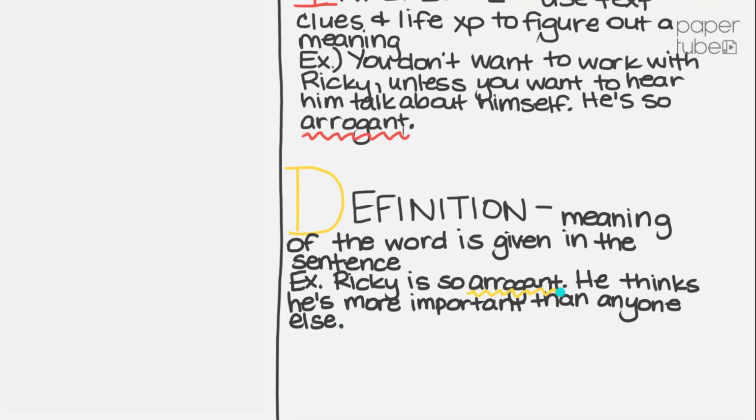Okay, so the author of that sentence included the idea that he thinks he's really a very important person, right? They gave us a definition for that word right after they gave it to us. So notice that sometimes context clues can happen before the word, like in our first example, or sometimes it can happen after, like in this second example here.